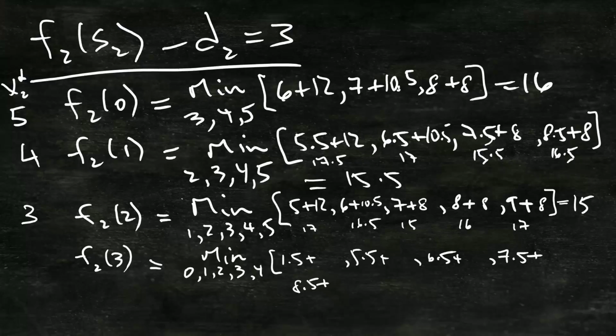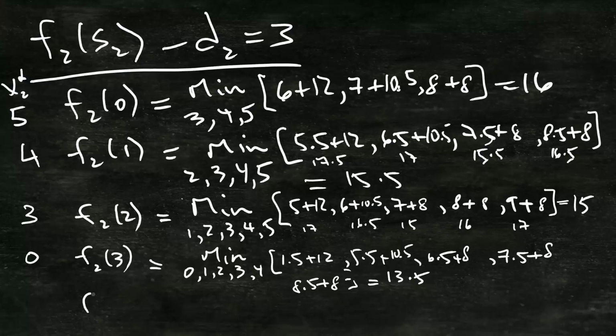And if we produce none, then we'll have 0, which takes us to 12, and 10.5, and 8, and 8, and 8. And this time we have 13.5, 15, 14, 15, 16. We have 13.5. And so produce none.